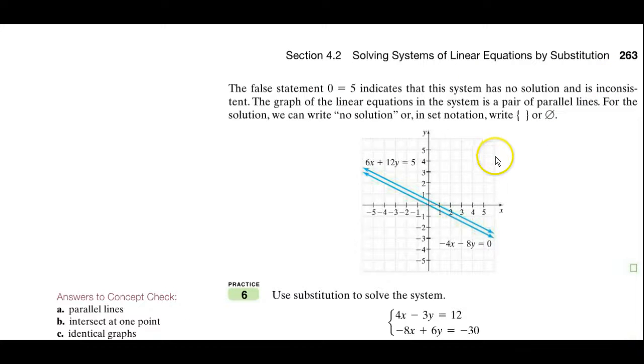Now, in your math lab, they're going to indicate that no solution will be one of the options. And another way to write it would be an empty set or a null set. Okay? When you work it through substitution and you get a false statement, that indicates no solution.